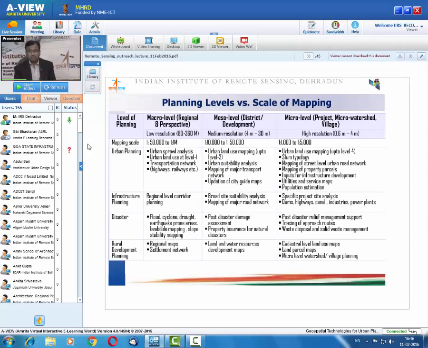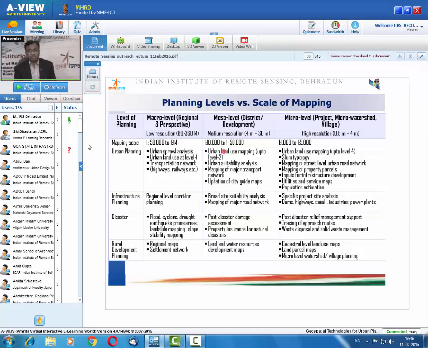Now let us go further into the requirements of urban planning. Typically, in the context of urban planning, urban planners deal with various kinds of plans, starting from site plan to zonal plan to district plan to perspective plan or regional plans.